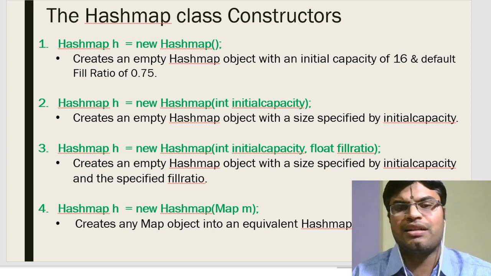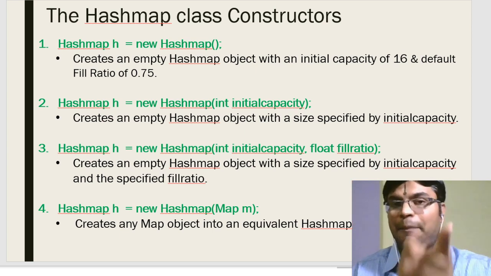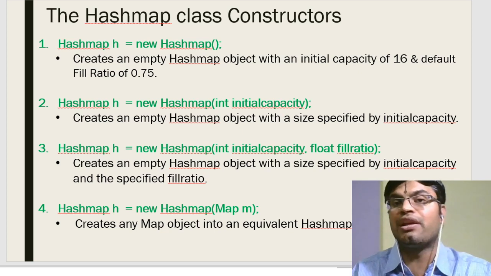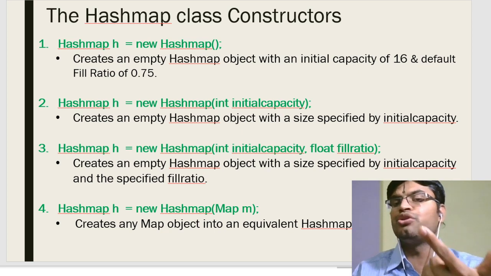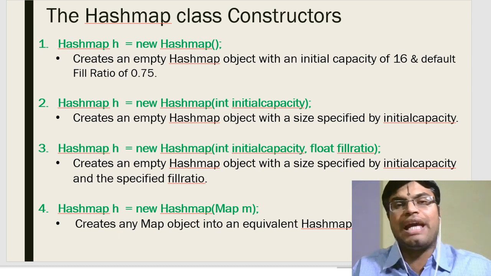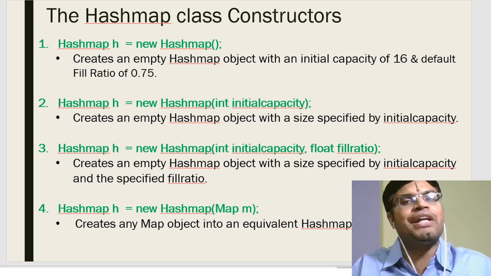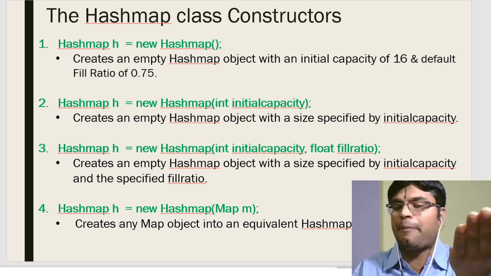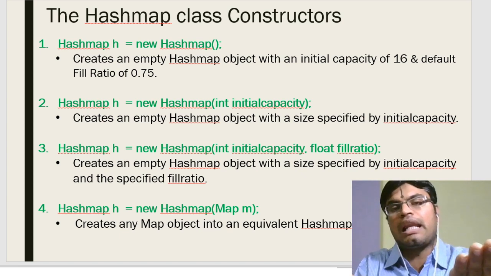Next, we have a third constructor where you can specify the capacity in terms of an integer, and also specify a fill ratio in terms of a float. I told you the fill ratio by default here is 0.75, which can be changed to 0.80, 0.90 depending on your requirement. So in the third constructor, you can give both the capacity as well as the fill ratio.